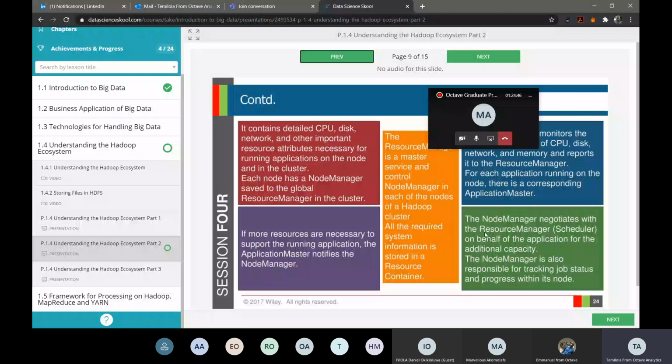So the application master and the resource manager are the two main entities that speak to one another in YARN, which is the software layer of the Hadoop ecosystem. So what the application master does is just monitoring of resources needed to execute or run different applications. So if it sees that it needs more resources to run a certain application, it communicates with the resource manager.